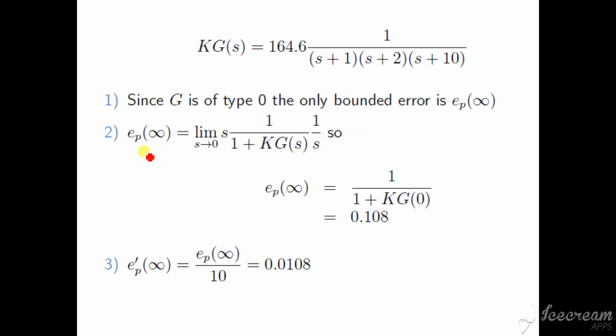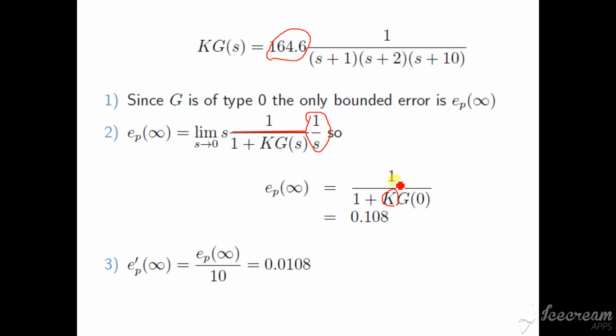Easily, you can find the e_p equal to the limit of s times R(s) over 1 plus K G(s). This is the R(s); R(s) here is a unit step, 1 over s. e_p becomes 1 over 1 plus K G(s). And we know the K is equal to this value. We put the K in value, s equal to 0, becomes 1 times 2 over 10, becomes 20.